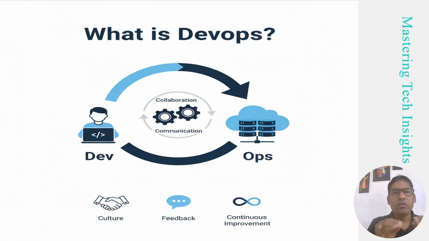This causes delays, bugs and blaming games. DevOps fixes that by making the process continuous. Developers and operations work together using automation tools to build, test and deploy the software faster and more reliably.